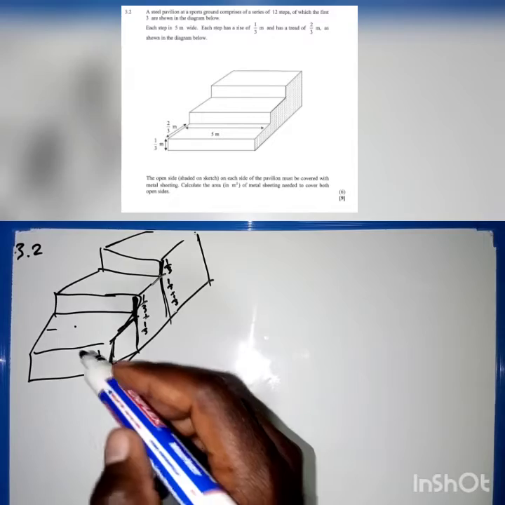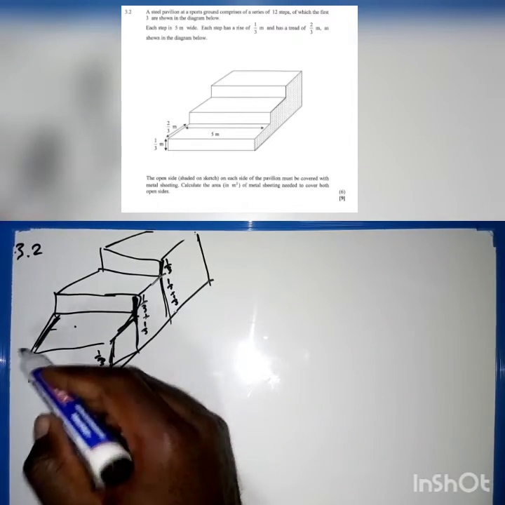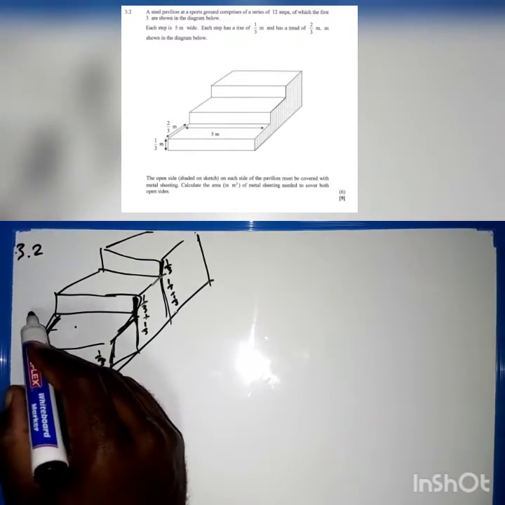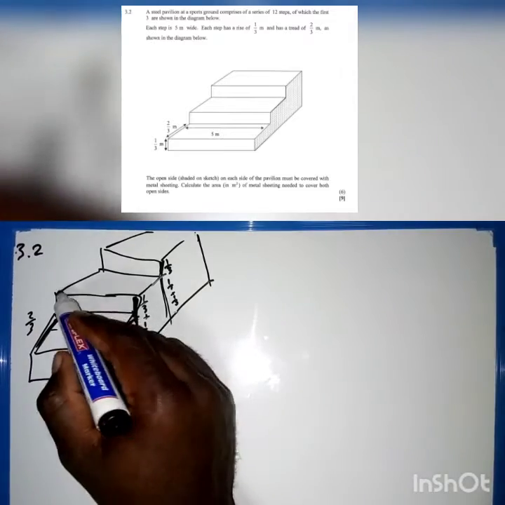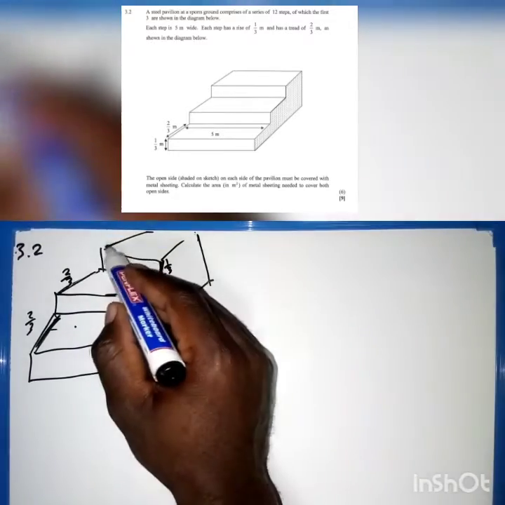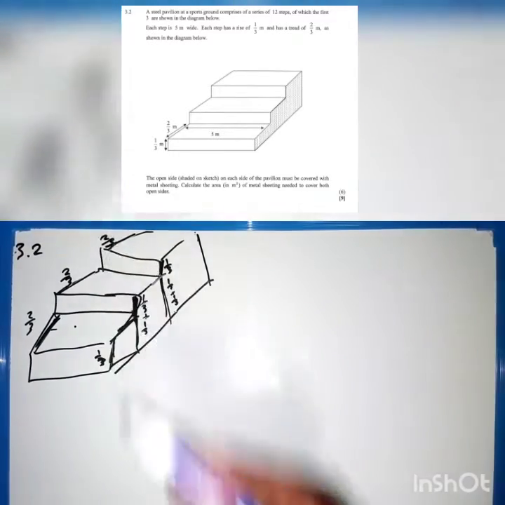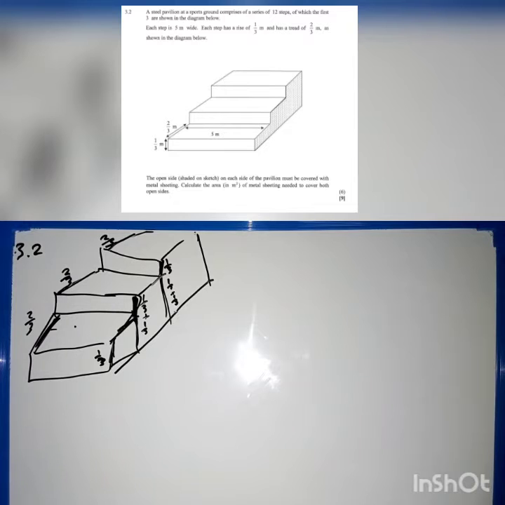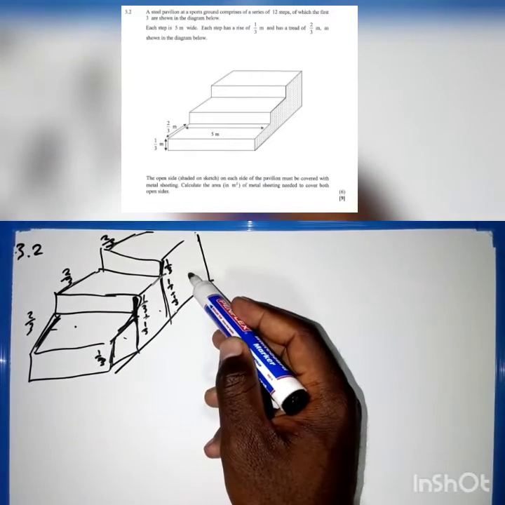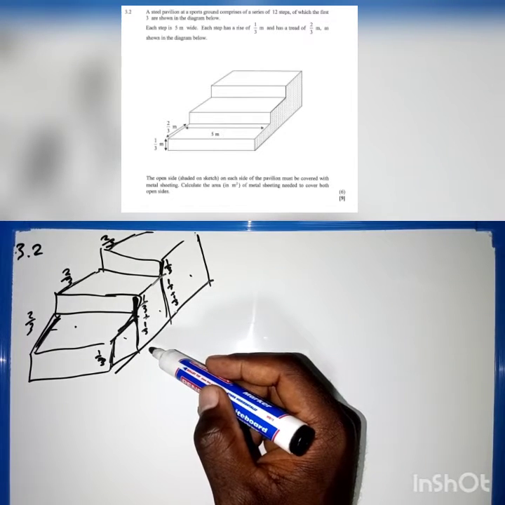And then here we've got 2 over 3, and this will be 2 over 3, and this will be 2 over 3. Cool. So they say the open side, this side here, which are open, shaded on each side of the pavilion must be covered with metal sheeting.